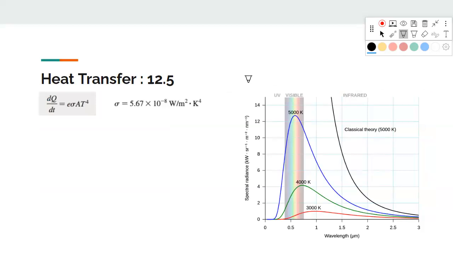And so we do have a formula for the radiative heat transfer. Even though it's a little more complex, it's not too much worse. So instead of just having a delta T, here we have a T to the 4th power. Okay. So what that tells you is that the higher the temperature of an object, it's going to emit significantly more energy via radiation.